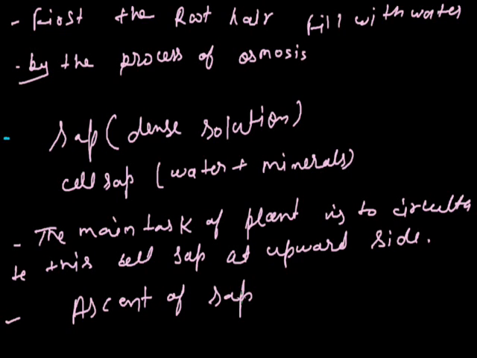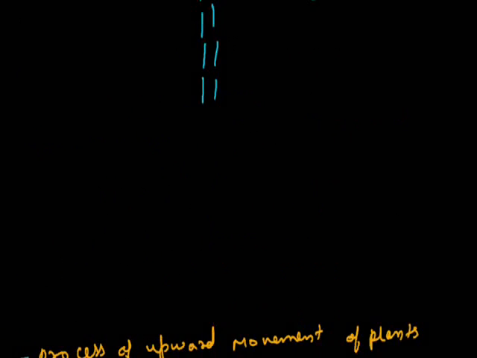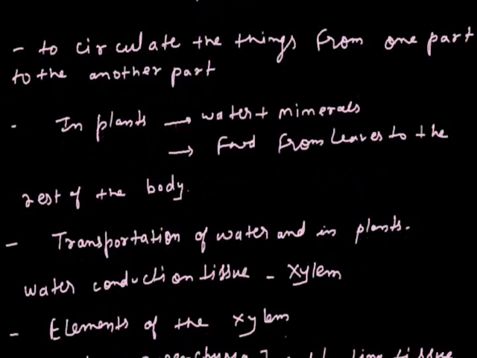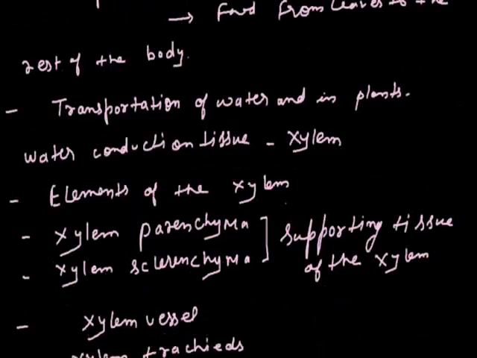Ascent of sap is done with two processes. First, it is done by the xylem pipe vessel. In our next lecture, we'll deal with how this process occurs inside the plant body.